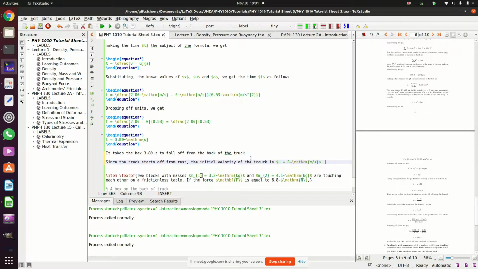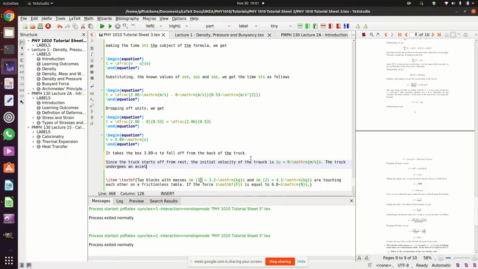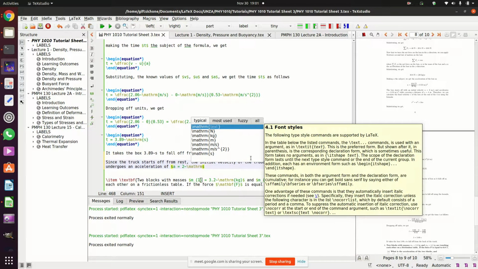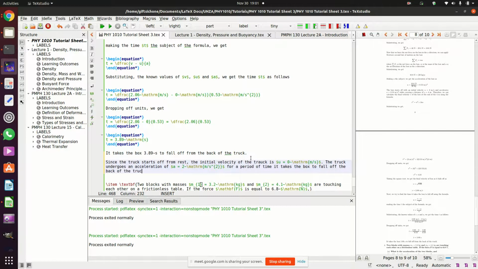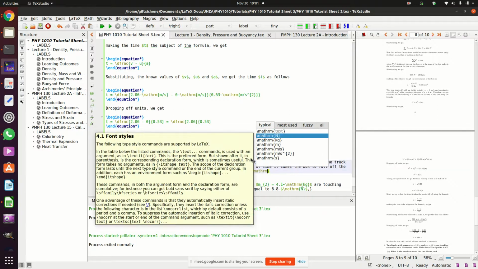The truck undergoes an acceleration of a equals to 2 meters per second squared for a period of time it takes the box to fall off the back of the truck. Therefore, the truck moves for time t is equals to 3.89 seconds.